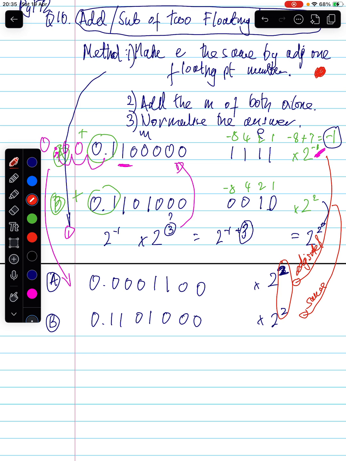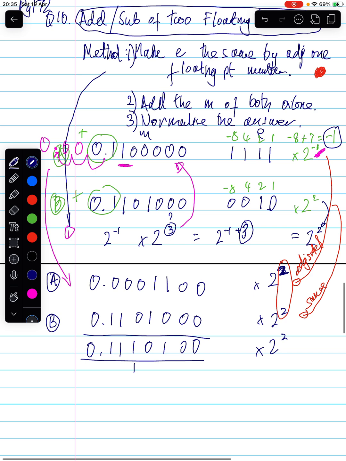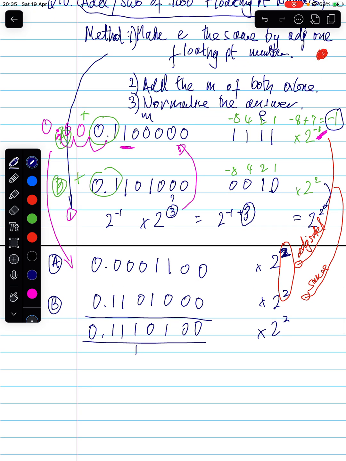So now the column headings for both these mantissas would be the same, so now we can add them up. 1 and 1 in binary addition is 0, carry the 1. And then that's got to be 1, 1, 1, and a 0 here. And that answer would also be 2 to the 2. That was step 2, by the way.